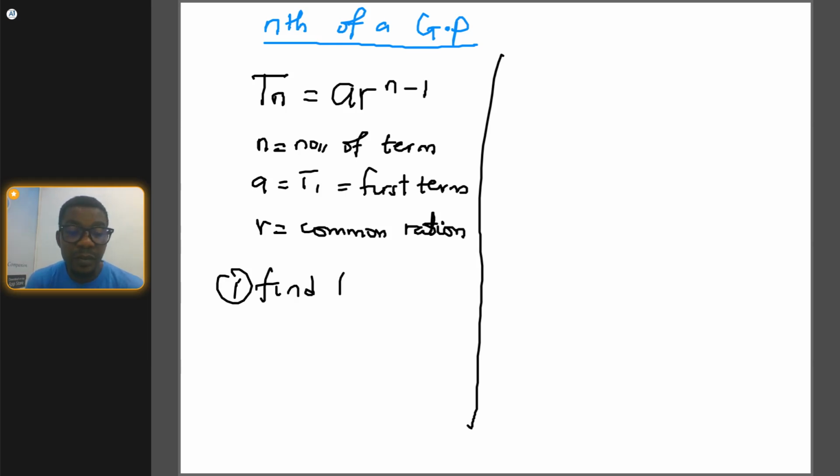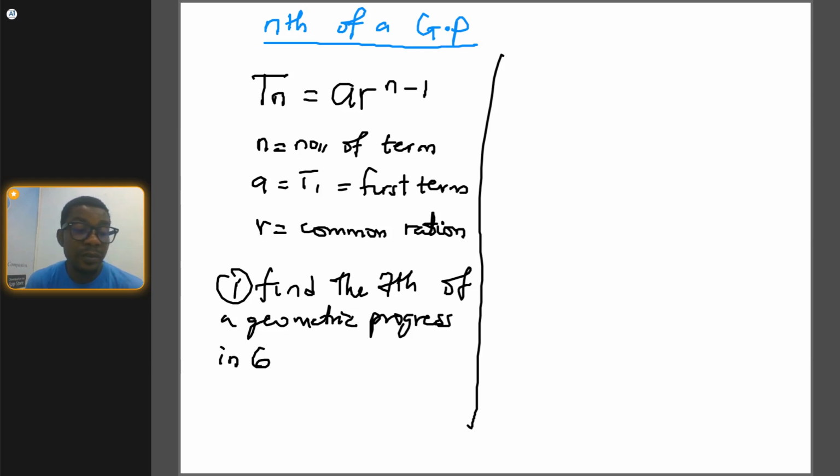Find the seventh term of a geometric progression whose sixth term is 6 and its common ratio is 3.